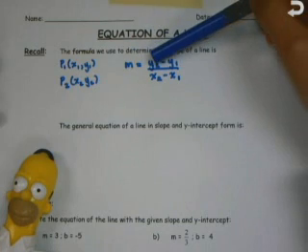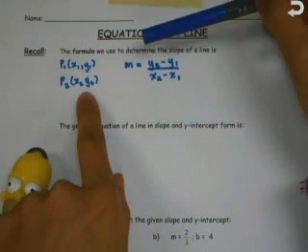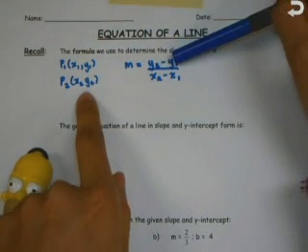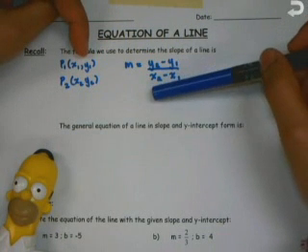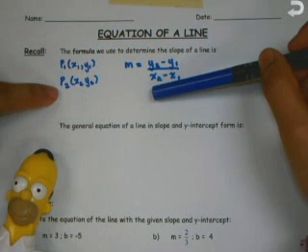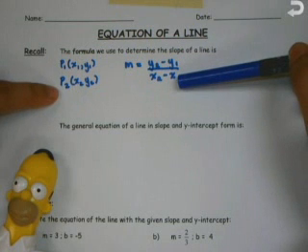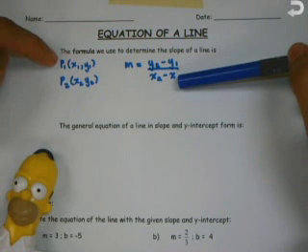This represents the y-coordinate of the second point, and y1 is the y-coordinate of your first point. Similarly, for x2, your x-coordinate of your second point, subtract the x-coordinate of your point 1.